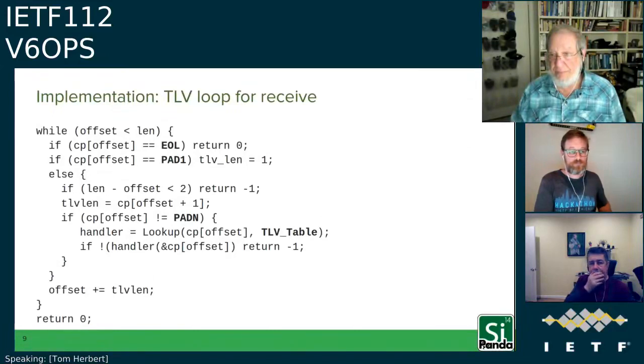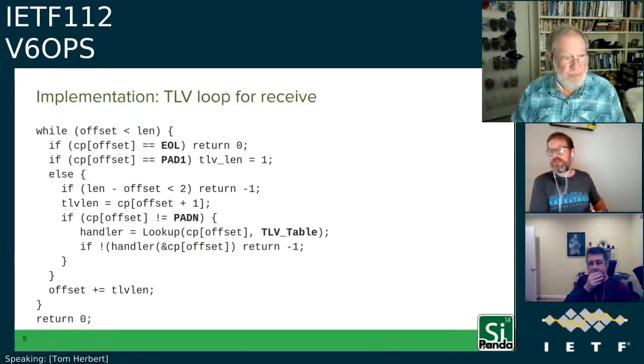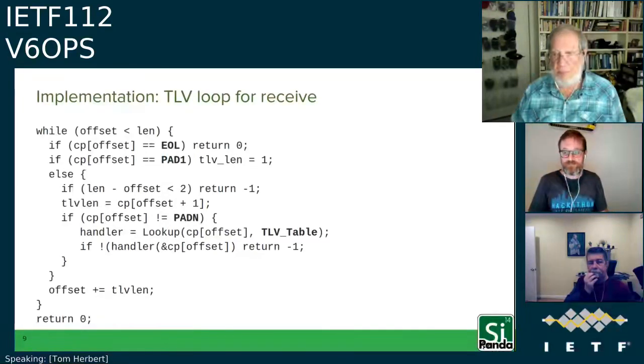I included the end of list, which obviously is not applicable to hop-by-hop and destination options, but for instance, for TCP would be, I believe. So end of list just means stop option processing, get out of the loop. Pad 1 is single byte padding, usually type 0. In that case, we just skip over it.